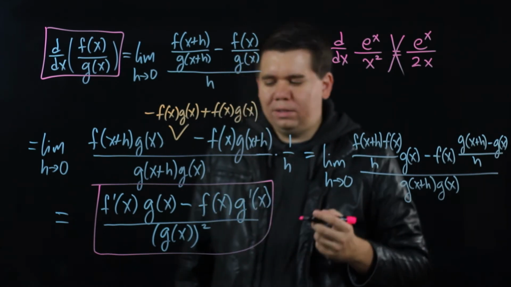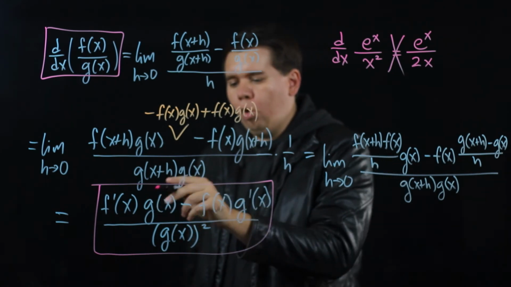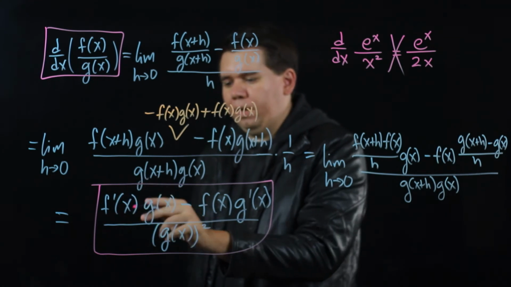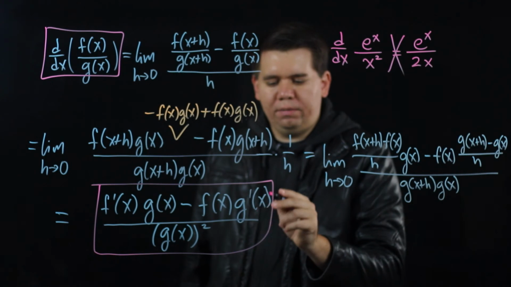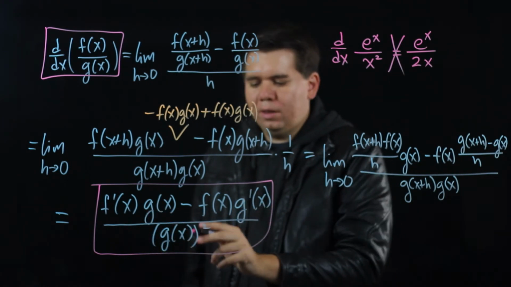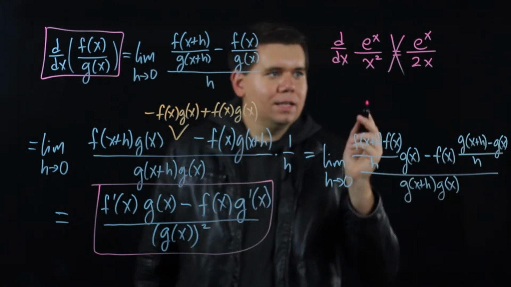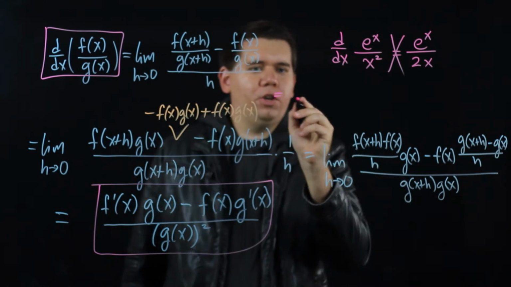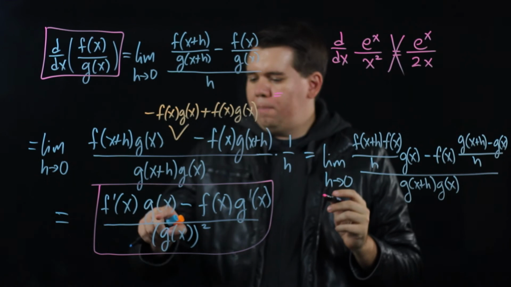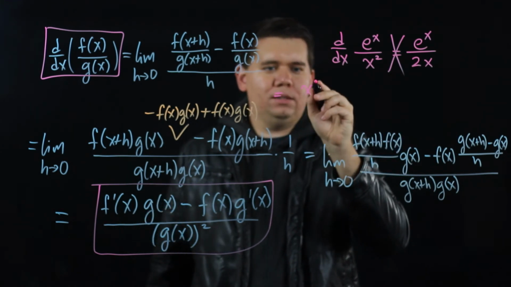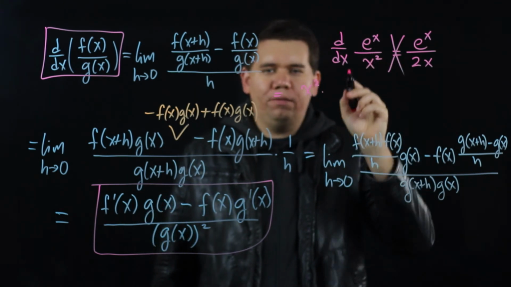Or how I'll often say it, you hold the bottom times the derivative of the top minus hold the top times the derivative of the bottom all over the bottom squared. Let's see this in practice now. If we want to calculate this derivative, we hold the bottom, so the x squared stays the same, times the derivative of the top.